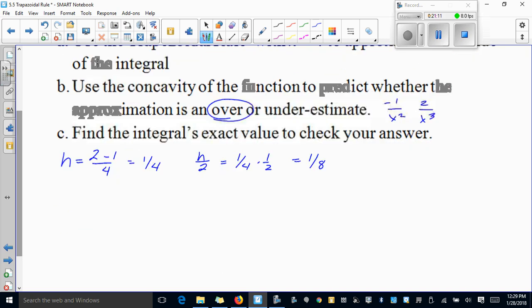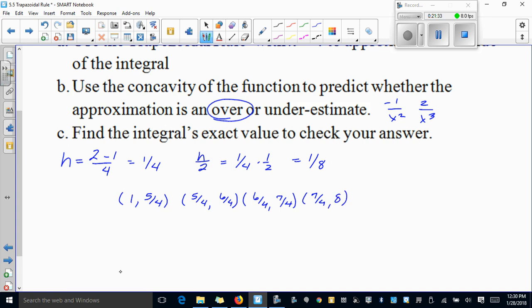So we're going to go 1 to 5/4, 5/4 to 6/4, 6/4 to 7/4, and then 7/4 to 8 over 4, 2.